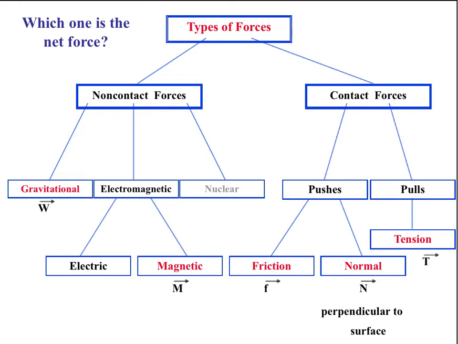But sometimes friction is the only force involved, and therefore it's the net force. Sometimes it maybe is a magnet. Maybe it's only tension. But a lot of times there's more than one force acting on an object at a time, and therefore we have to add them up.